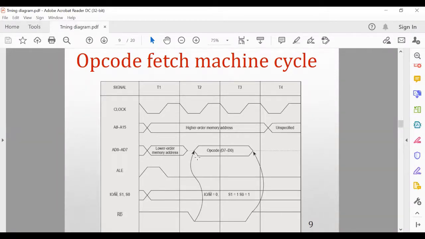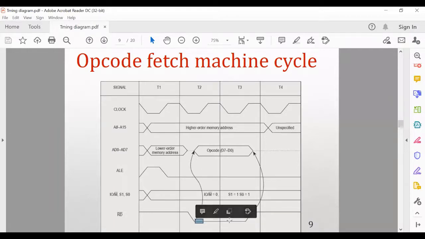So if this bus has been changed to the data bus, at that time the ALE signal goes low and it activates the read bar signal. The active low read bar signal is made low by the processor, and this signal makes the memory device load the data bus with the contents of the memory location addressed by the processor.